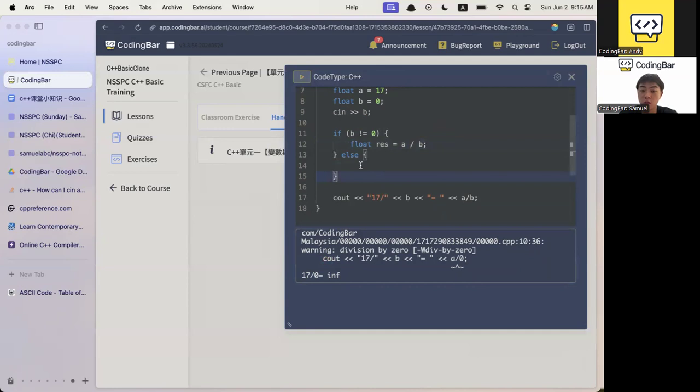We wouldn't want that to happen. So we can return something artificially, like say result is 0. Or we can just print out something, cout infinity. And here, now we can print out the result.